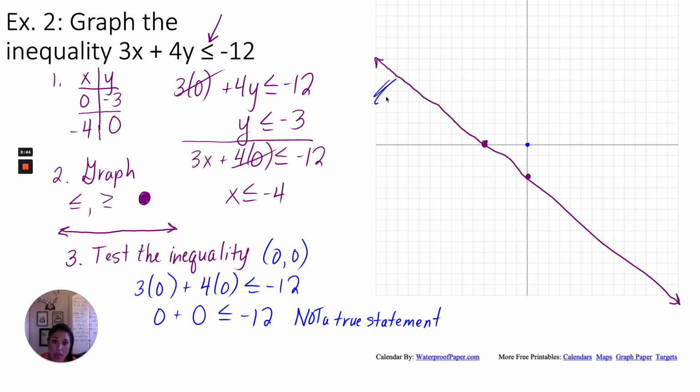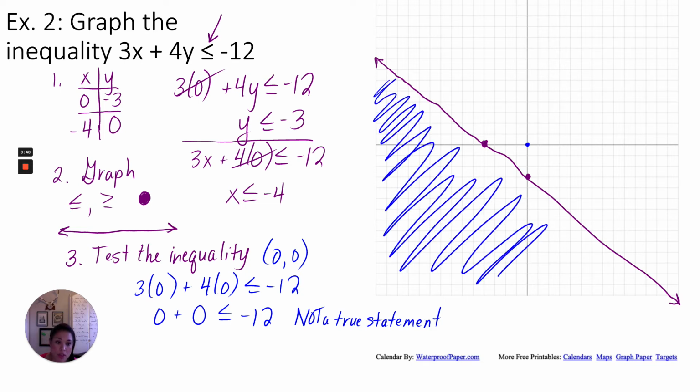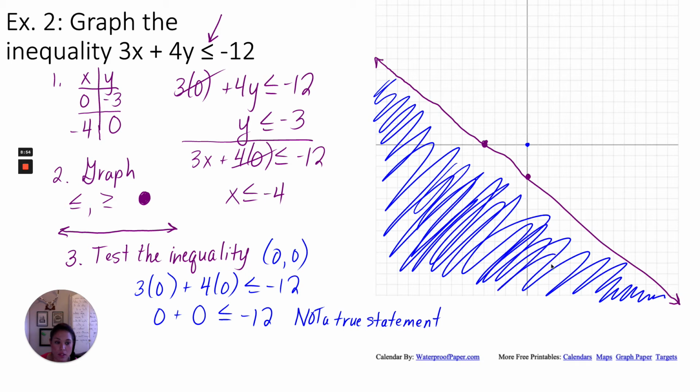That means any of these points on this side of the line will make a true statement, and I need to shade in this side of my line. So any of these points on this side of the line, including the points on my line, will make a true statement.